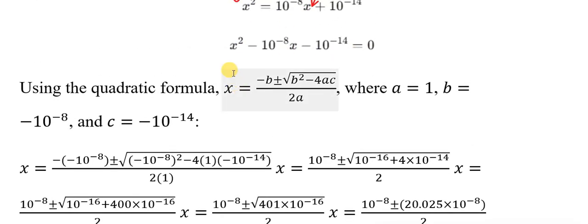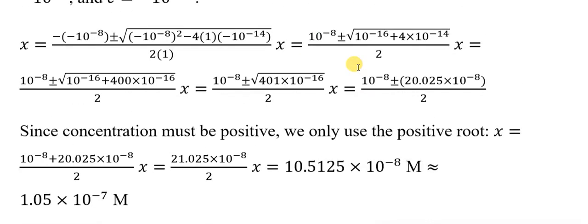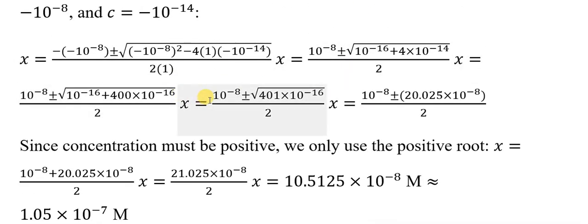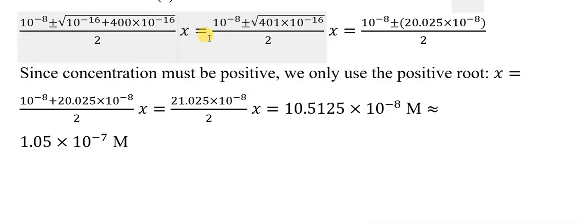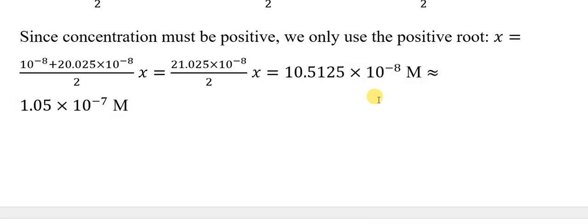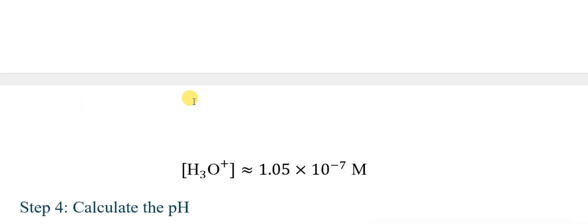If we apply the quadratic equation, we get the answer X equal to 10.5 times 10 to the minus 8 molar, or in other words 1.05 times 10 to the minus 7 molar.